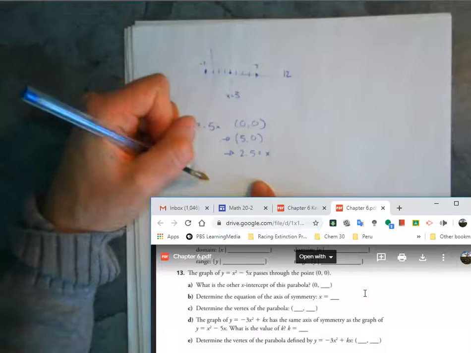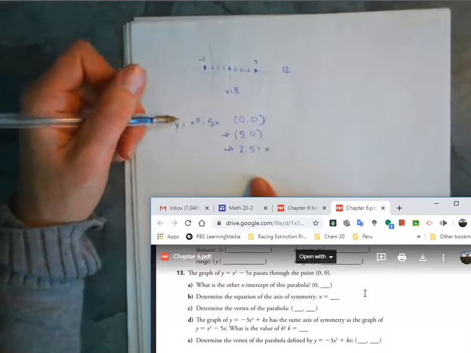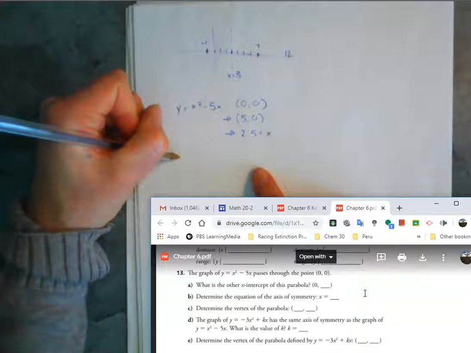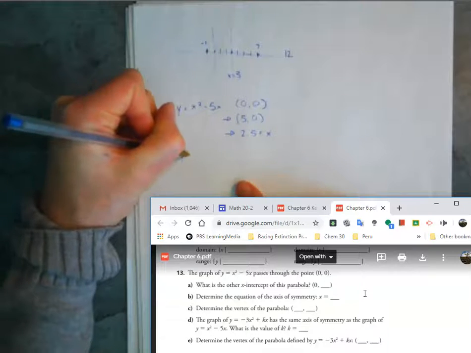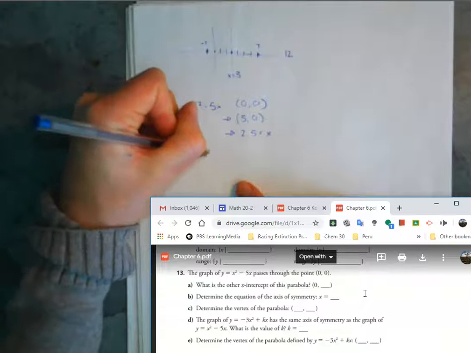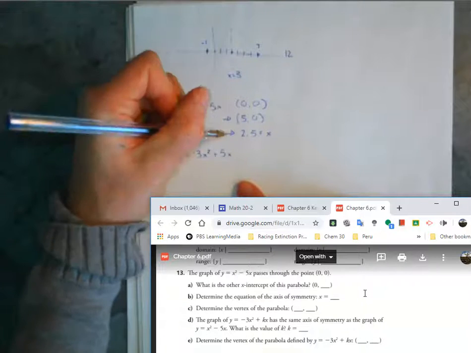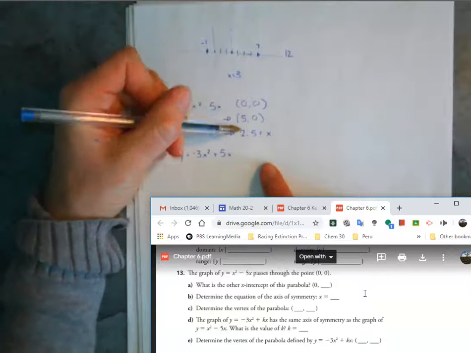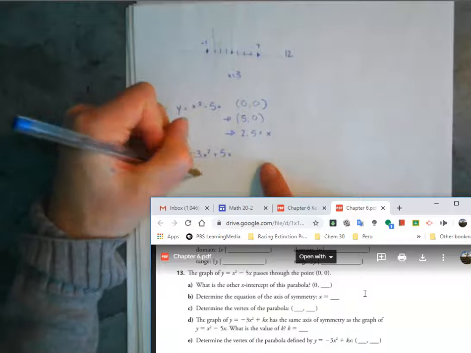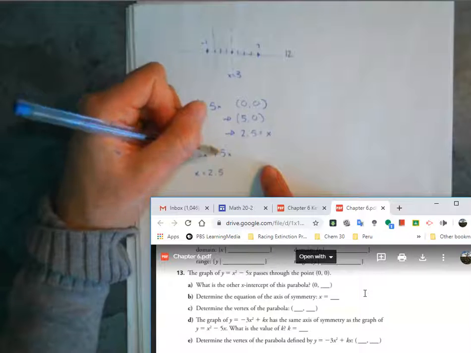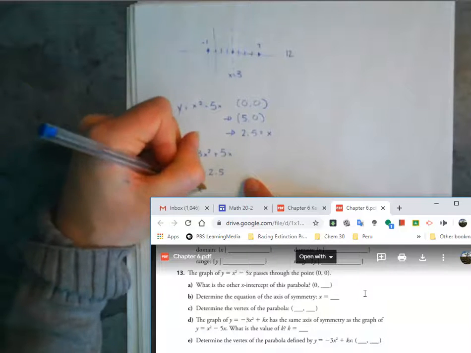And in part D, it asks, if we have y equals -3x squared plus kx, and it has the same axis of symmetry as the previous graph, so x equals 2.5, we want to solve for what is the value of k.